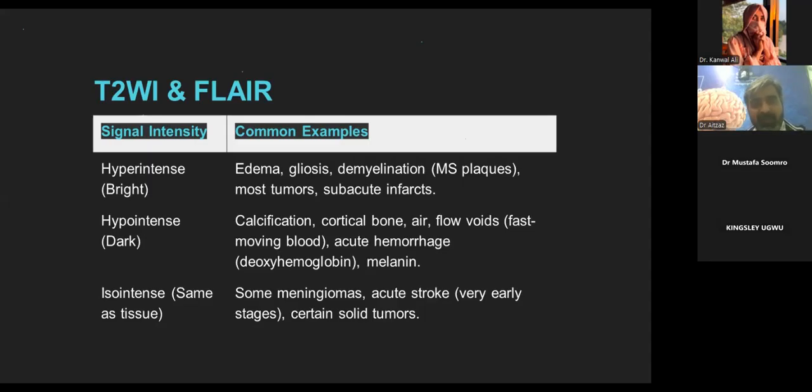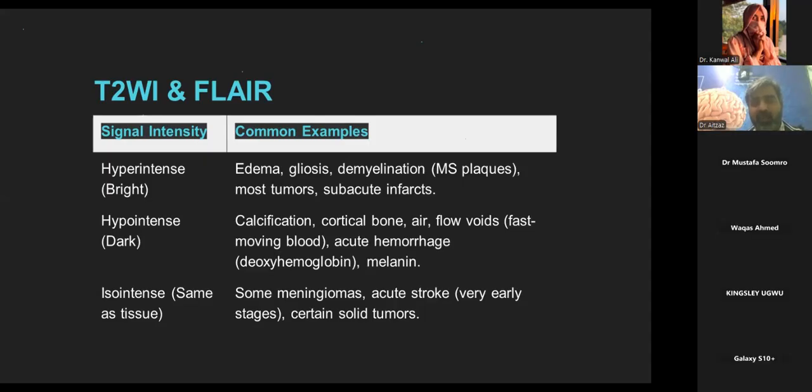When we say hypointense: calcification, cortical bone, air, fluids, fast moving blood, acute hemorrhage, melanin. It is easy: anything that is bright or hyperintense on T1 weighted will be hypointense on T2 weighted.